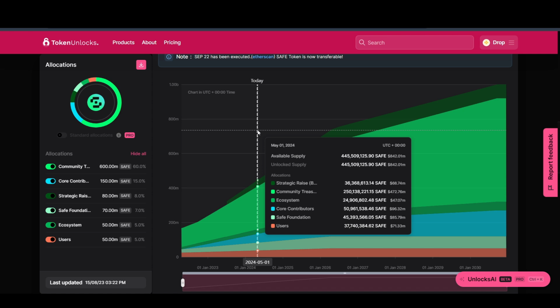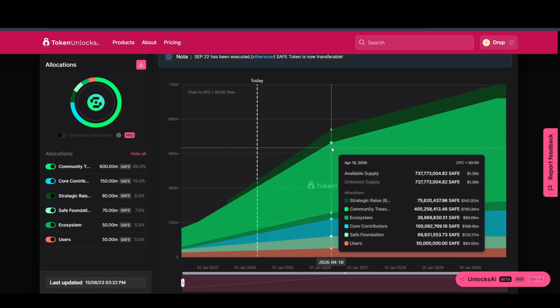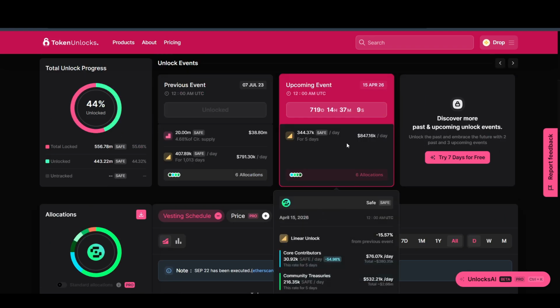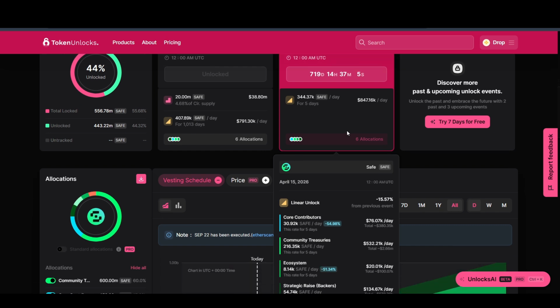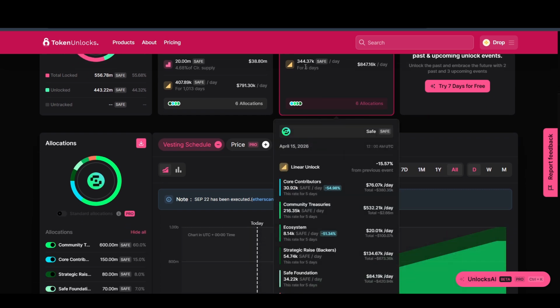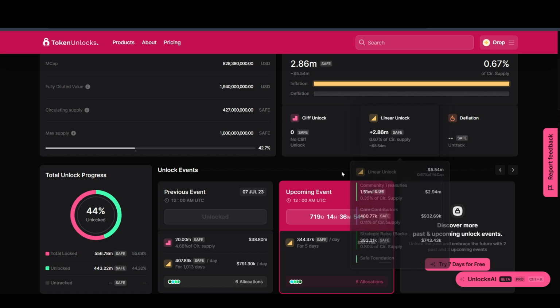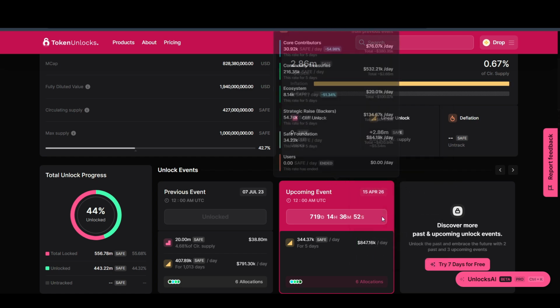As you can see, we have a vesting going on, and I think that may actually matter. If we look here, as of now we have around 344k tokens daily, out of which some goes to the investors, some goes to the community treasuries, and some goes to the core contributors. That means we do have a daily sell pressure, which actually matters. Even if we look here, oh I'm sorry, this is for upcoming.